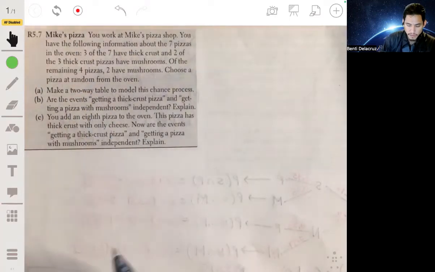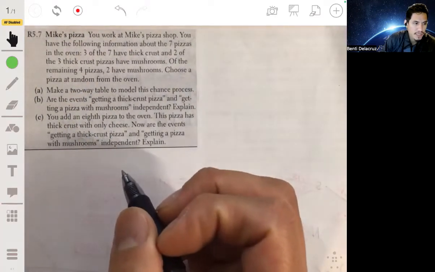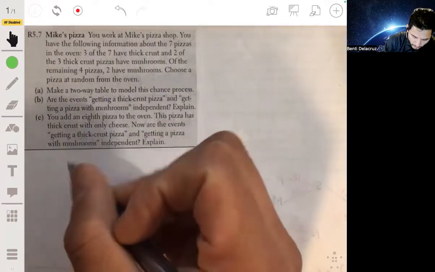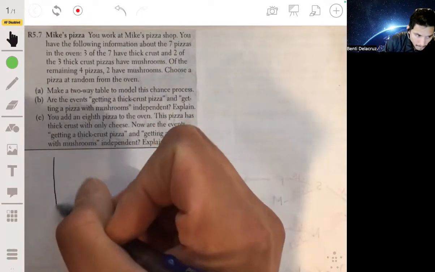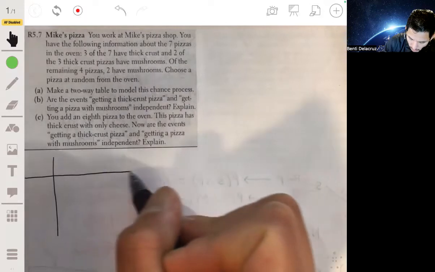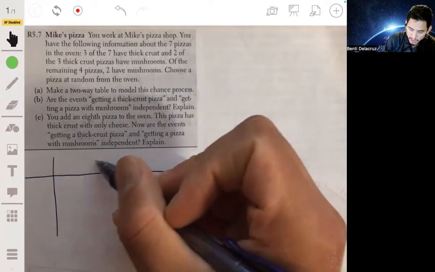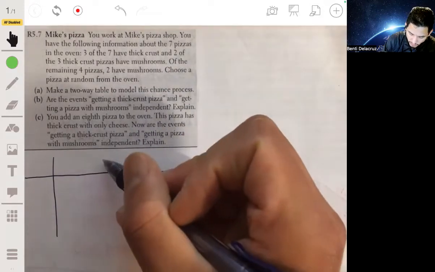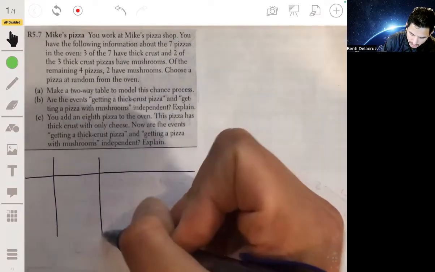So, 2-way table, table of rows and columns. We're going to make basically 4 columns, 4 by 4, in that sense.